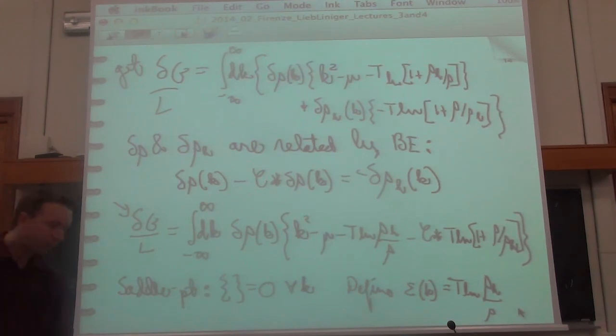That allows us to rewrite this in a simpler fashion, because here it's just e to the minus epsilon over t, and here you'll just get epsilon.